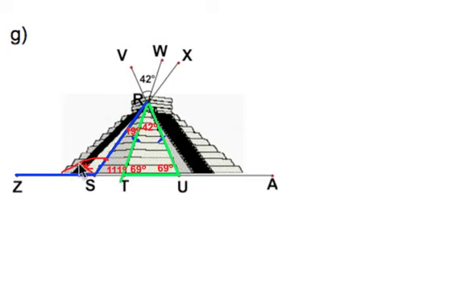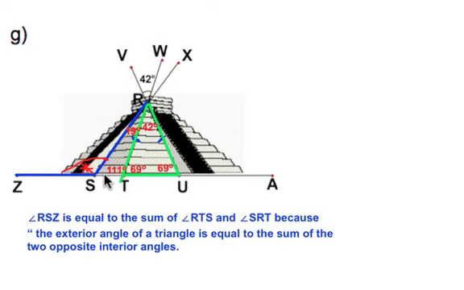So now if we take a close-up look at this diagram, we're going to identify this angle measure. So this is RSZ. Now what we have here is an exterior angle of triangle SRT. So this is the one with angle 19 and 111.